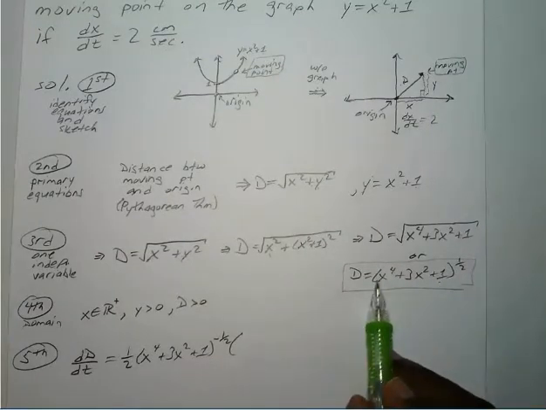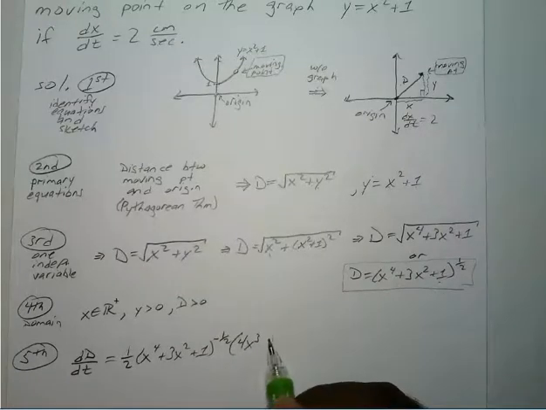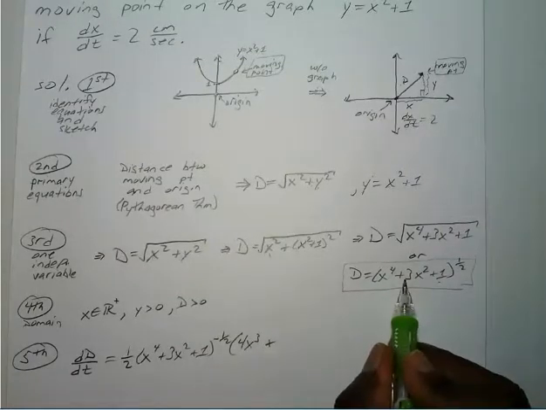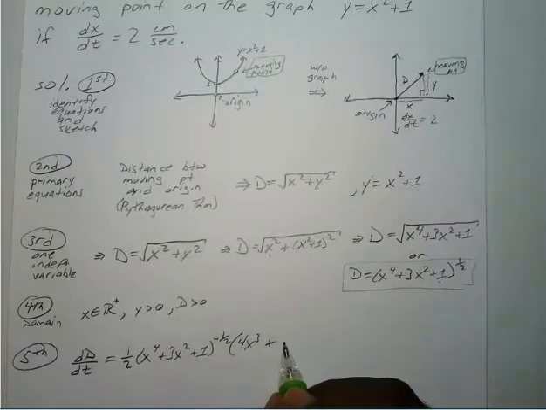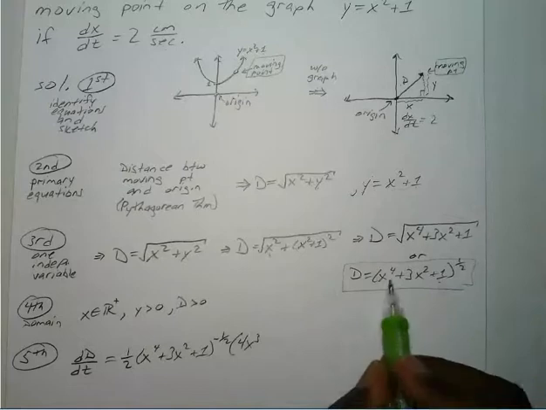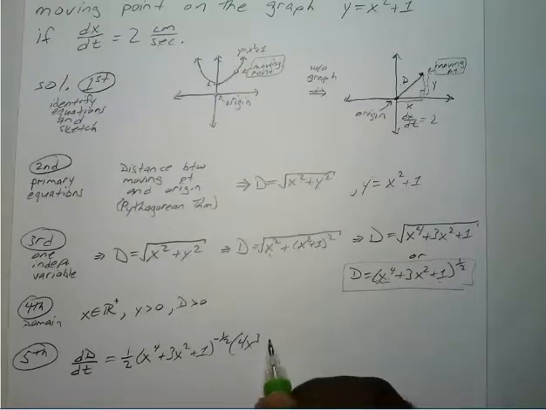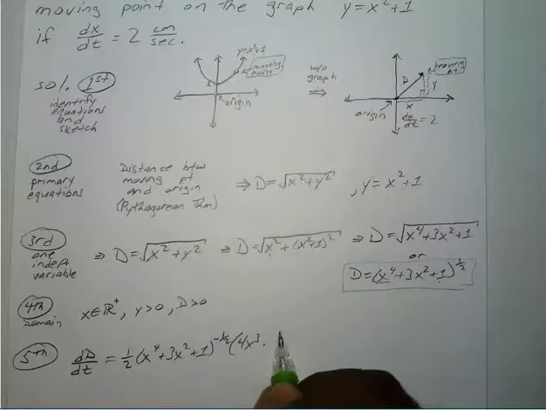So you have 4x to the 3rd plus, bring down that 2, we have 6x. Oh, actually, using the chain rule, almost forgot a step. 4x to the 3rd times the derivative of what's inside of there, so that's times the derivative of x with respect to t.